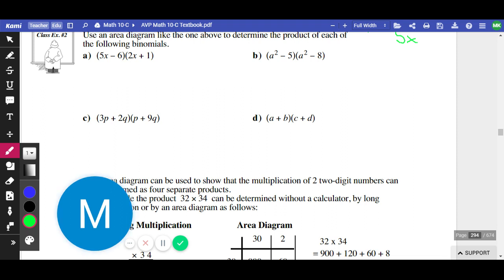Awesome. To multiply those two things together, I'm going to do an area diagram. That means I'm going to take the first binomial and I'm going to break it up into its parts. So 5x minus 6. Then I'm going to take the second binomial and break it into its two parts, but down the side.